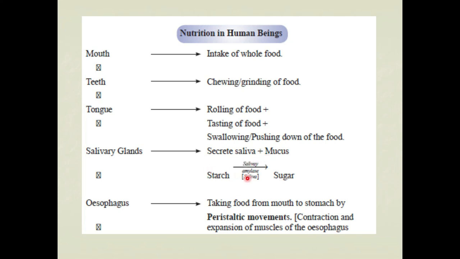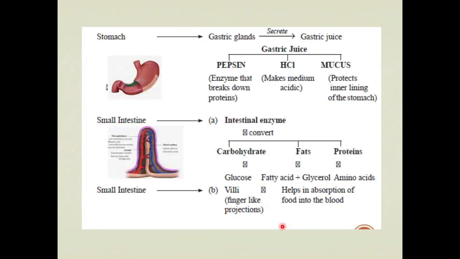Here the salivary amylase acts on the starch and converts it into simple sugar. Next, the esophagus does the peristaltic movement, that is contraction and expansion of muscles in the esophagus, which helps to push the food down to the stomach.